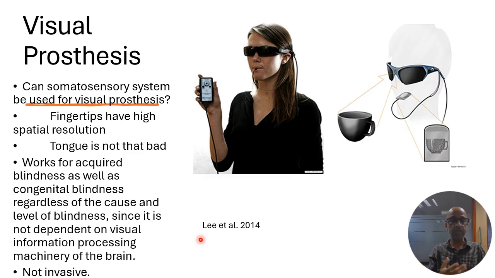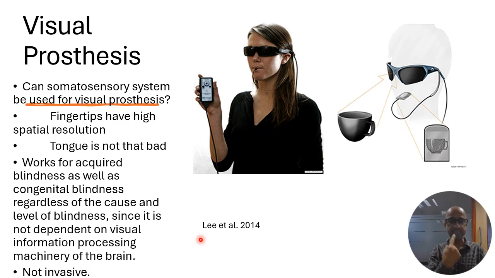But now, can you imagine if you were to simply take this video signal that is coming in, you can pass it on to the fingertips, right? Fingertips have high resolution because of high cortical representation that they have, as well as high density of sensors. Or you can do it on your tongue.